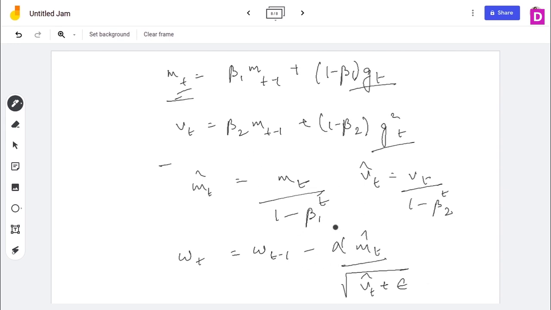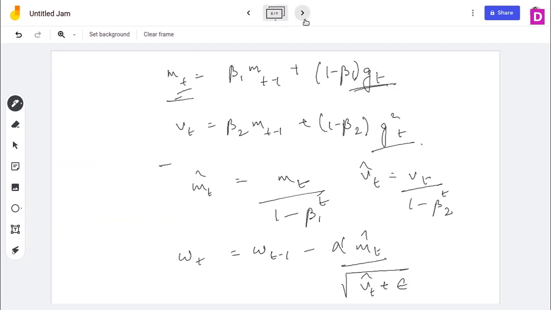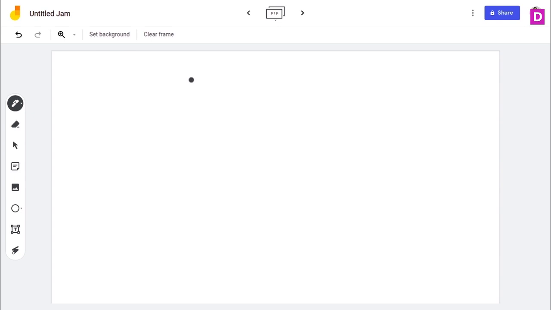Everything is the same. Here, instead of using just the momentum for gt square or just the momentum for gt, we are using both. So Adam has been proven to be a very good method. It is used in most of the cases.